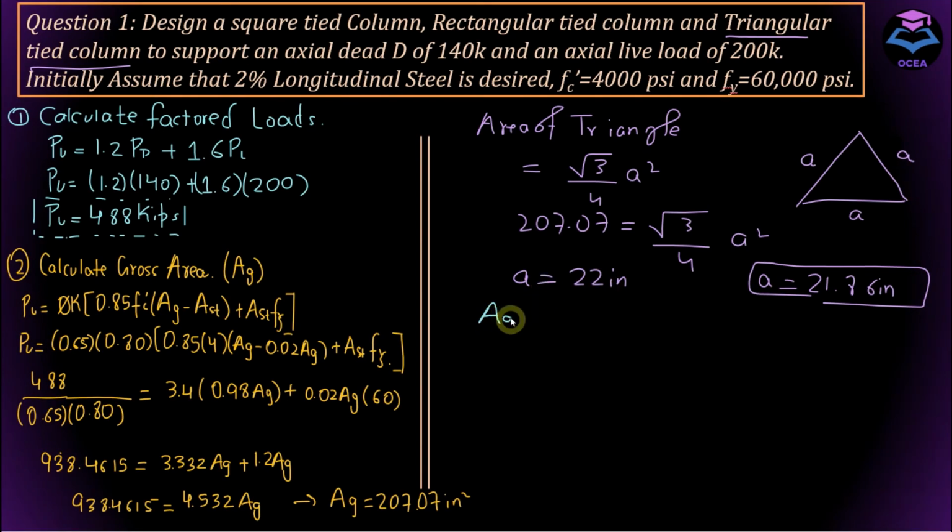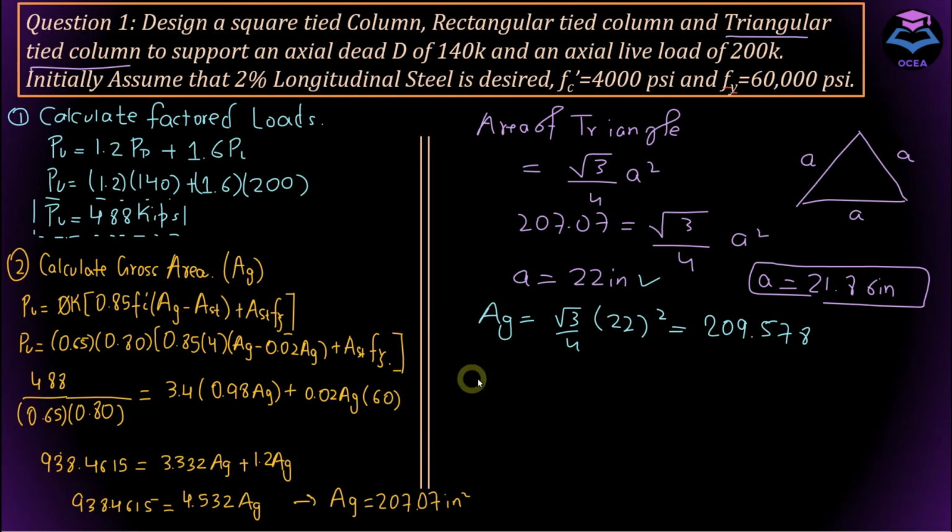Ag is equal to root 3 divided by 4, and a equal to 22 inches. So 22 to the power 2, and it's equal to 209.578.